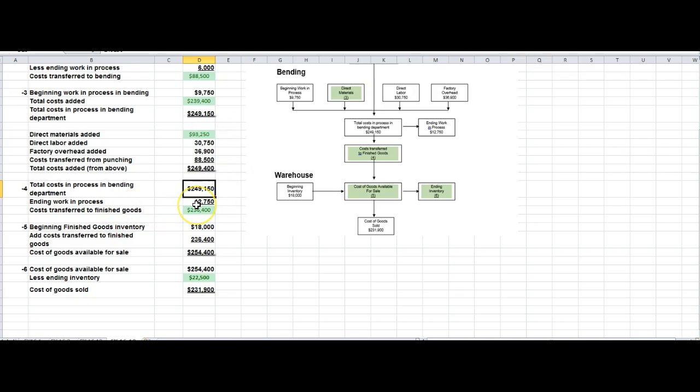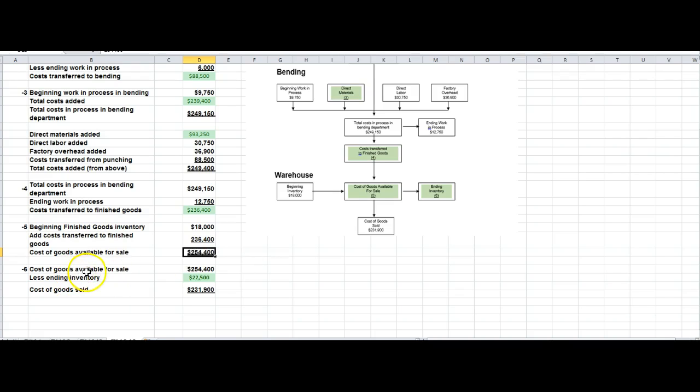Our ending inventory, our ending work in process, was 12,000, so that means we transferred out 236,400. And then we look at the finished goods. Started with 18,000. This was added, 236,400. This is what was available for sale.